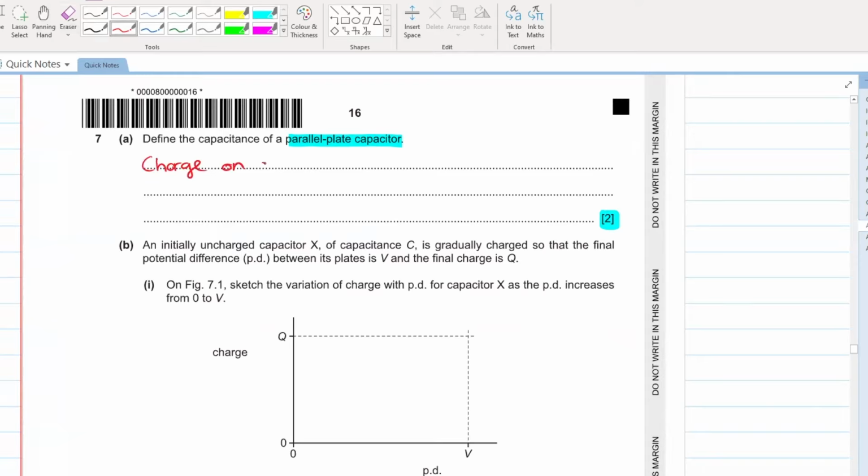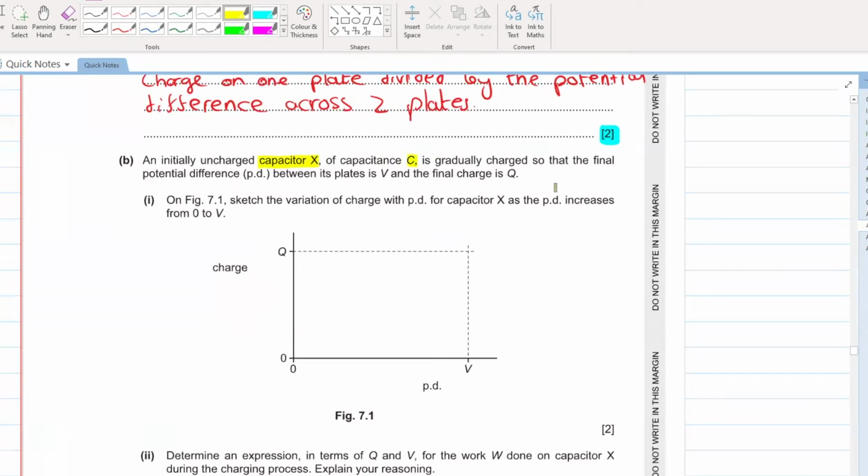An initially uncharged capacitor X of capacitance C is gradually charged so that the final potential difference is V and the charge is Q. On figure 7.1, sketch the variation with potential difference as it increases from 0 to V. You have to draw a graph of charge versus potential difference.